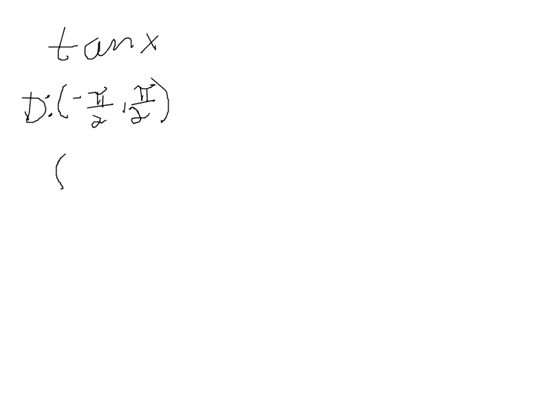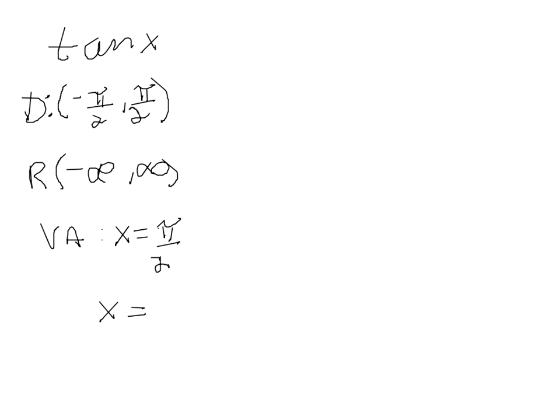I have to exclude them, but I can use all the values right up to that. And the range goes from minus infinity to infinity. I have vertical asymptotes at pi over 2 and minus pi over 2.